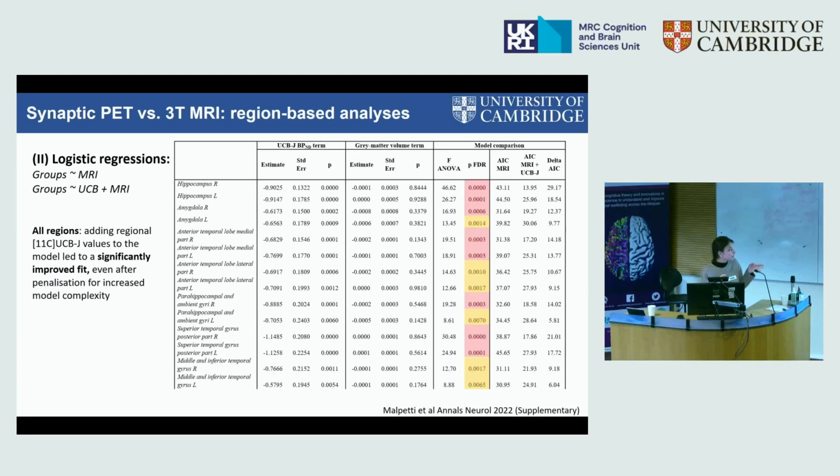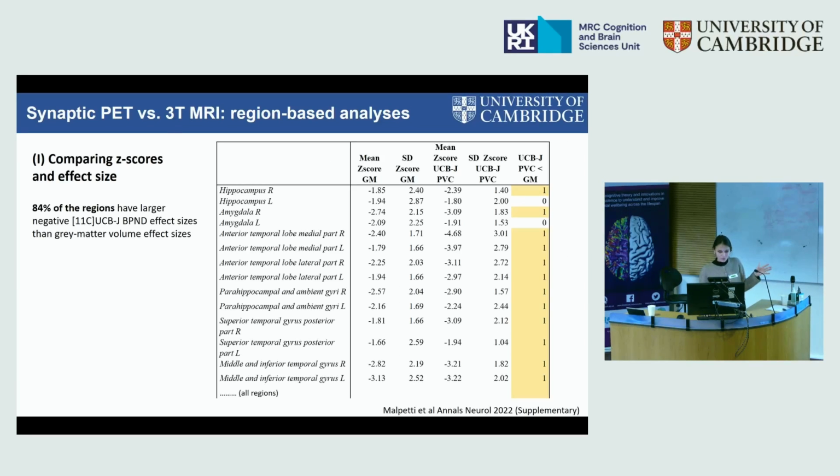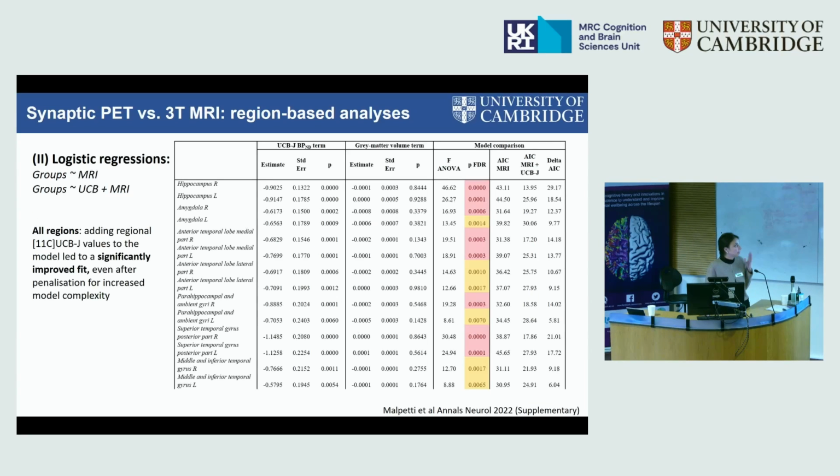In all regions, including the UCBJ term showed an added value, improving the fit even after penalization for increased model complexity. So the previous comparison showed a stronger effect with UCBJ, while this comparison showed that UCBJ explains something on top of atrophy, not just what is explained by gray matter volumes.